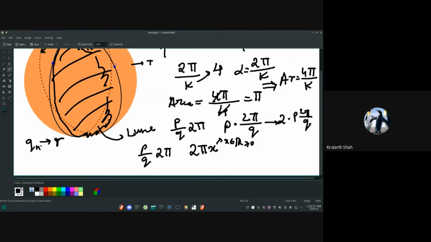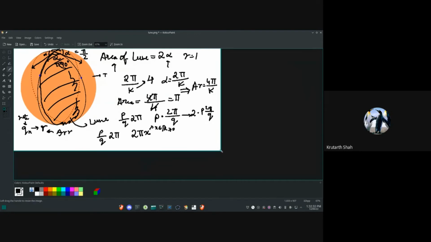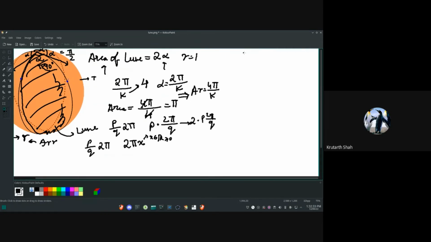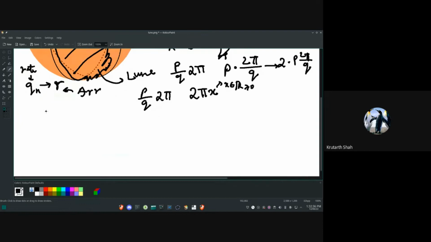Let Qn be a sequence of rational numbers which converge to R, where R is some irrational number.